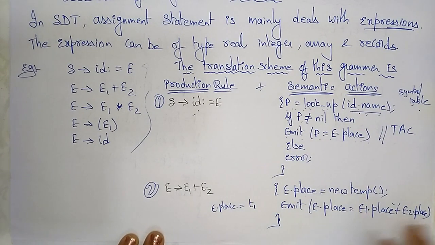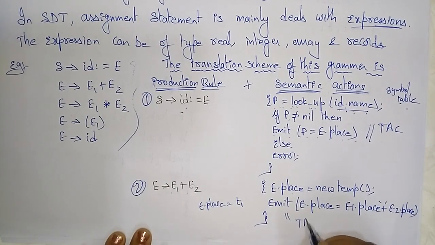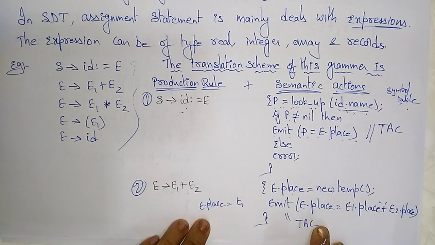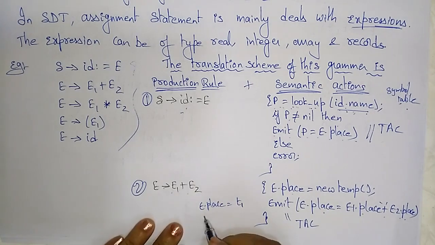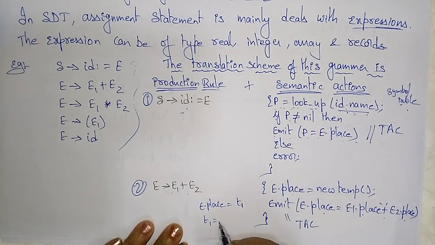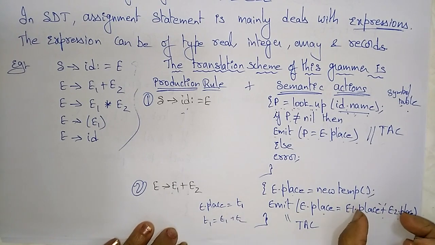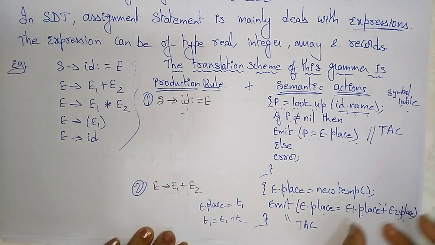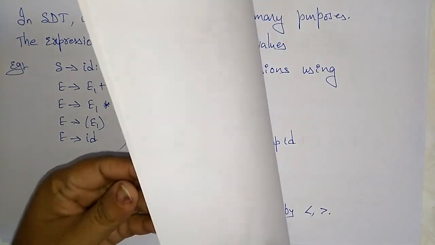Then emit, meaning generate three address code: T1 equal to E1 dot place plus E2 dot place. So whatever values are there for these two will be assigned to the temporary variable. That is the second production.